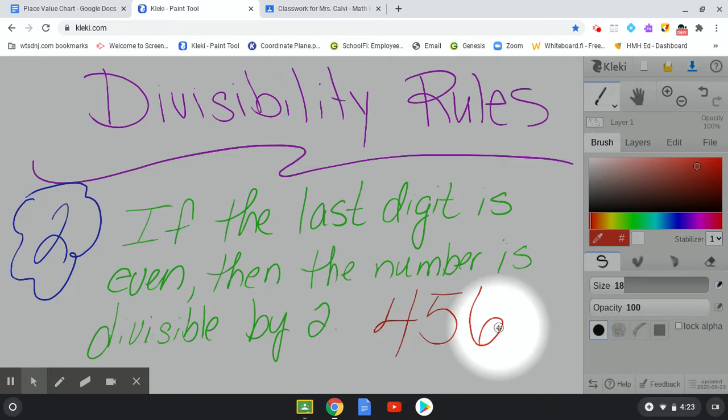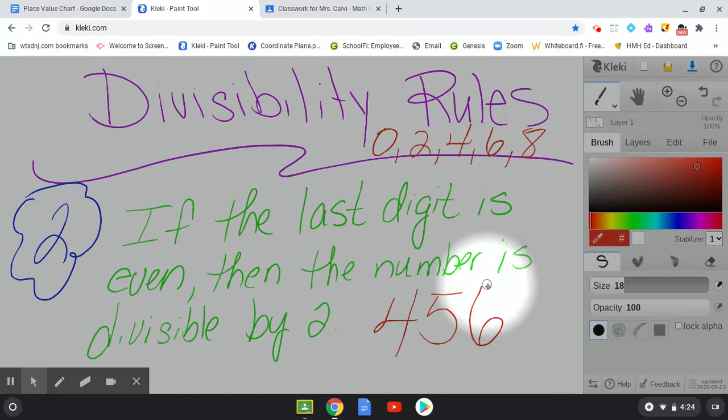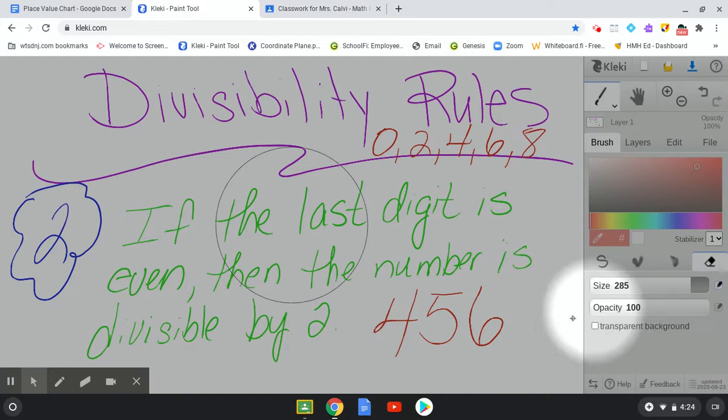Remember, our even digits are 0, 2, 4, 6, and 8. So because 6 is even, 456 is divisible by 2.